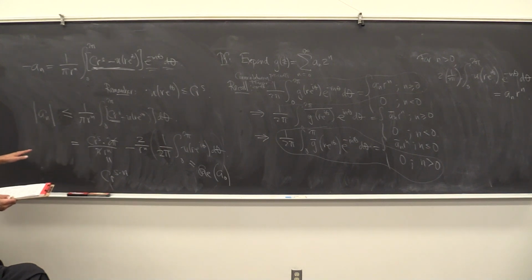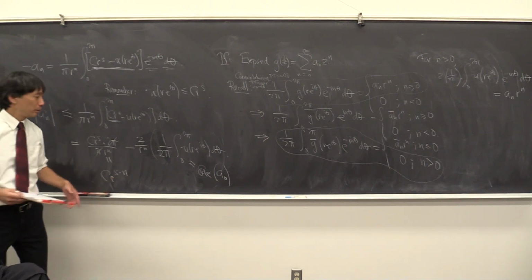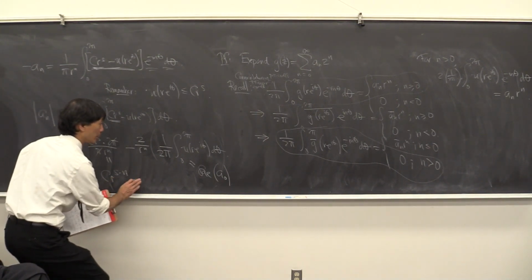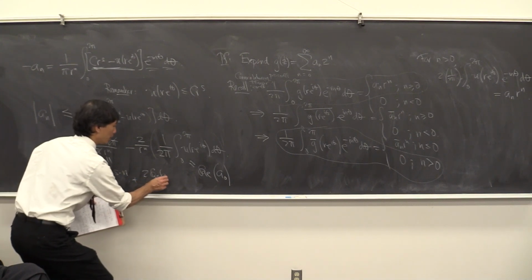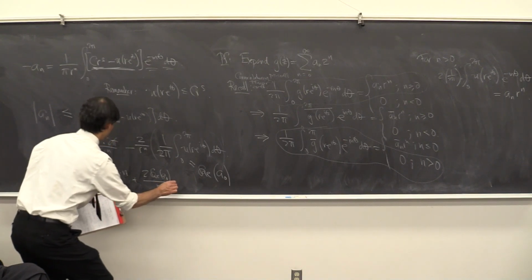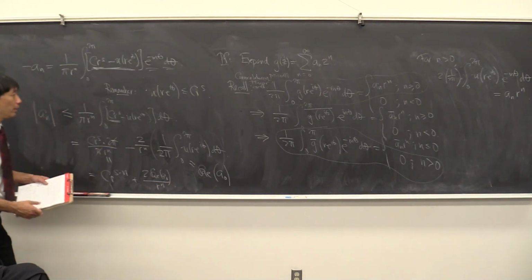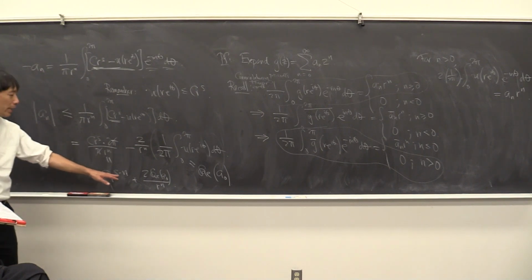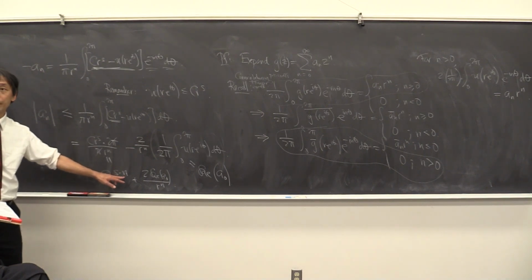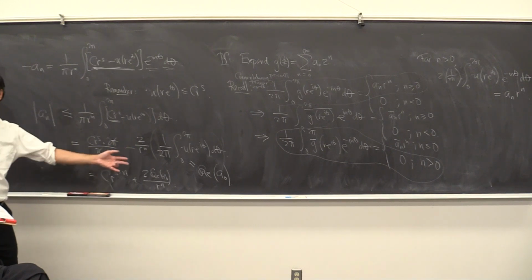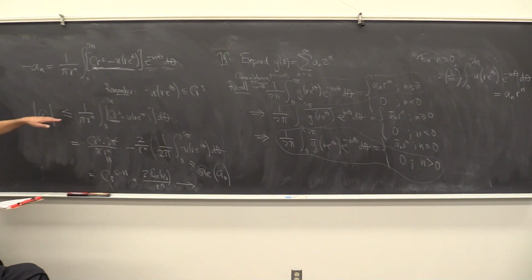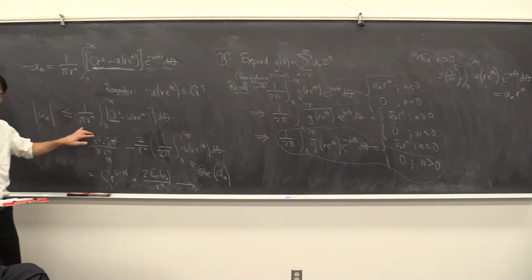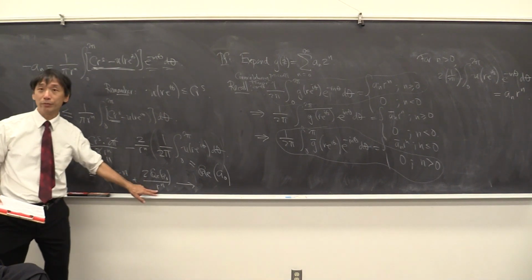So what does that tell you? That tells you that whenever n is bigger than s, plus some constant. I'm sorry, plus 2 real parts of this thing over r to the n. And so what does that tell you? That tells you that whenever n is bigger than s, this is going to go to 0. Remember, this statement was true for r's that went up to infinity.